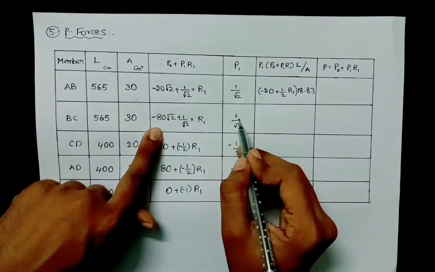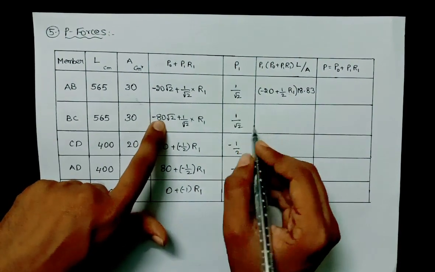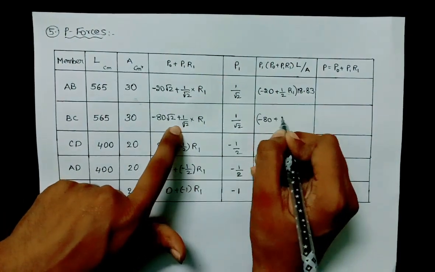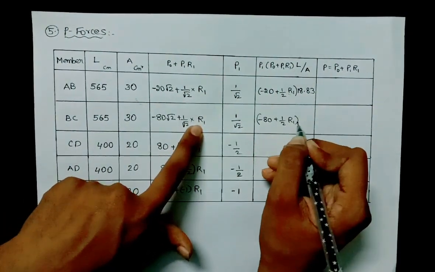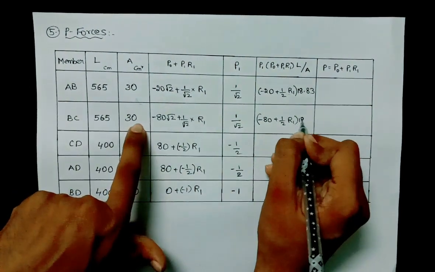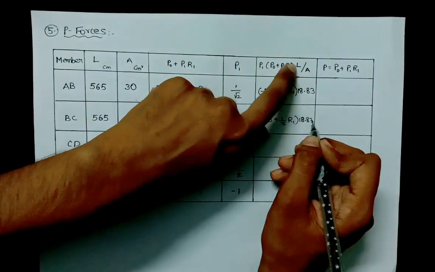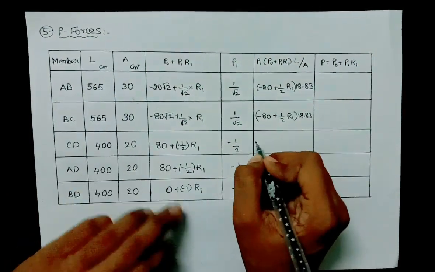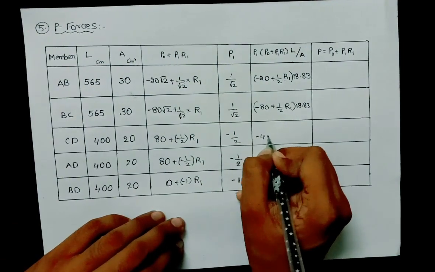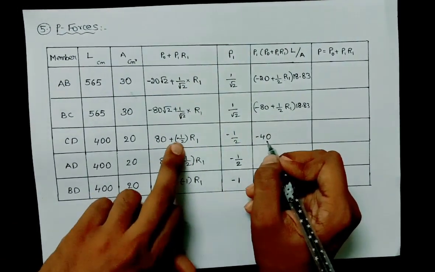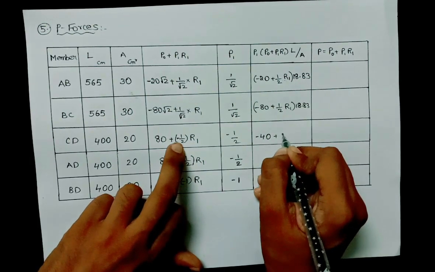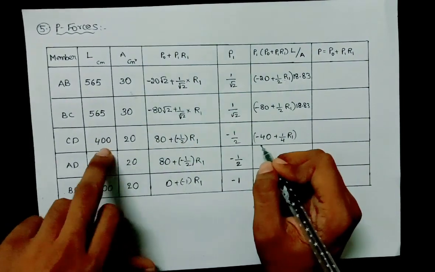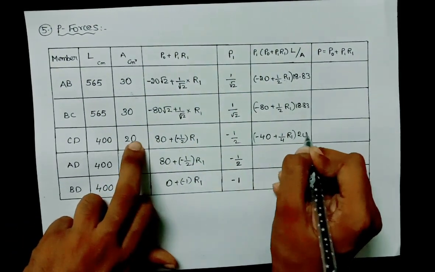Again 1 by root 2 into minus 80 root 2 is minus 80. 1 by root 2 into 1 by root 2 is 1 by 2 R1. Again 565 by 30 is 18.83. I am writing this one directly. Minus 1 by 2 into 80 is minus 40. Minus 1 by 2 into minus 1 by 2 is plus 1 by 4 into R1, and 400 by 20 is 20.